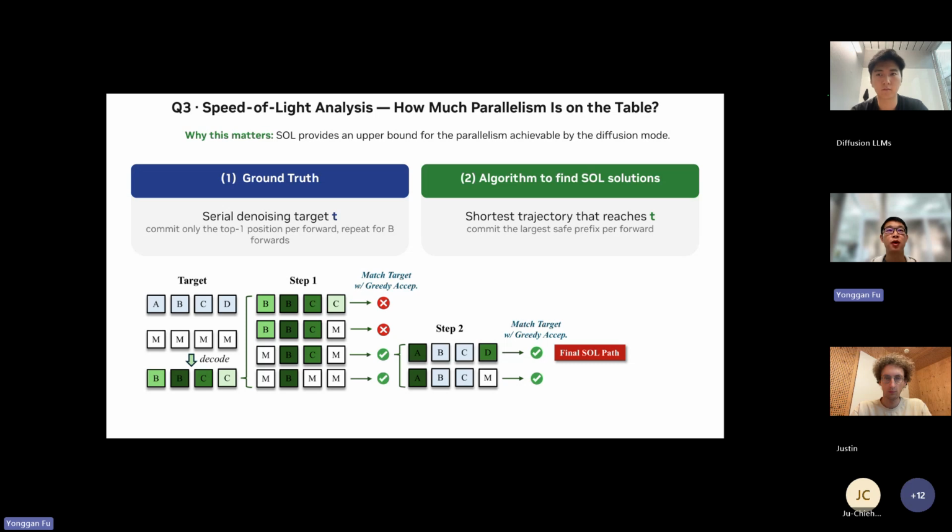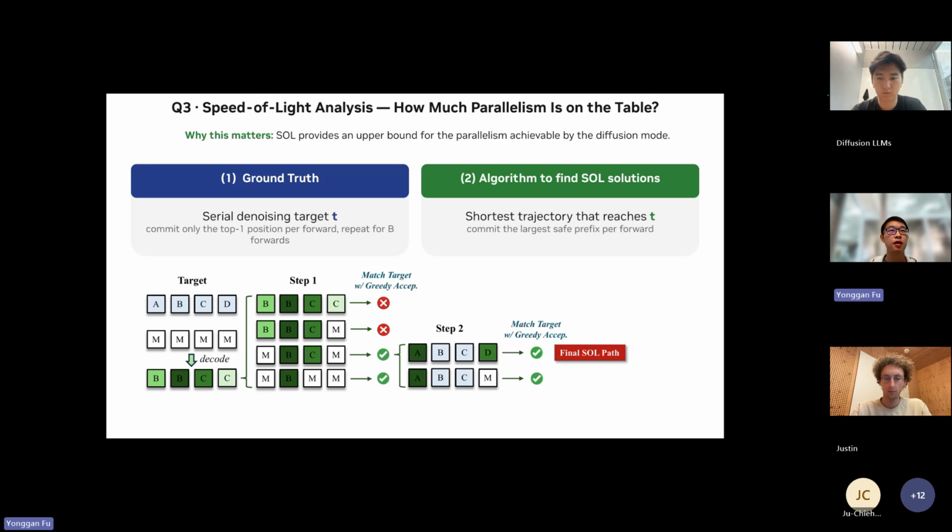To answer this, we're trying to do a speed of light analysis, meaning we're trying to identify the upper bound achievable speedup by the diffusion mode. If the highest theoretical speedup of the diffusion mode is still promising, then we have sufficient reason to justify the long-term exploration of it.